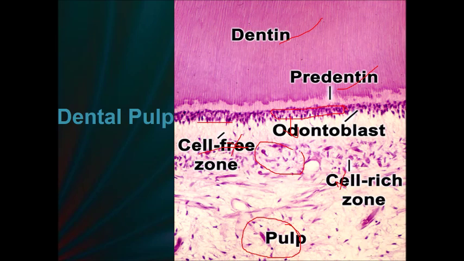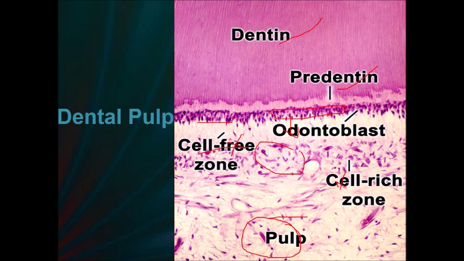We can see the fibroblasts, which are the dominant cells in the pulp. We have stem cells, defense cells, macrophages, antigen presenting cells, endothelial cells, mast cells, T lymphocytes, different types of cells that we can see in this region.